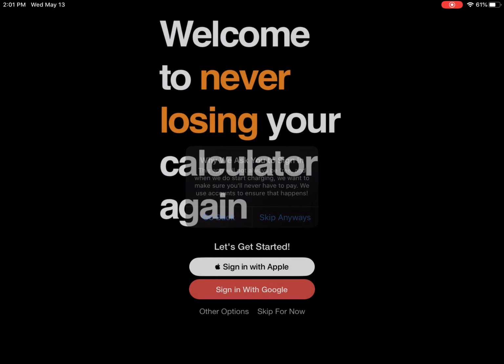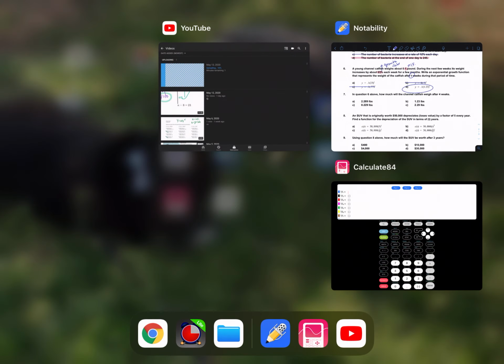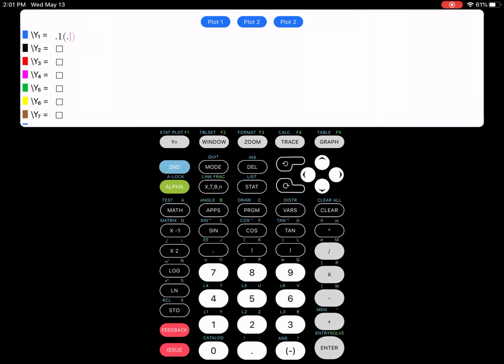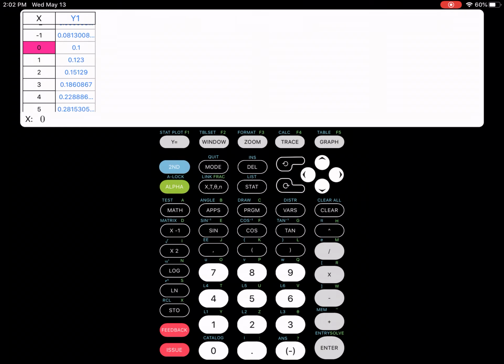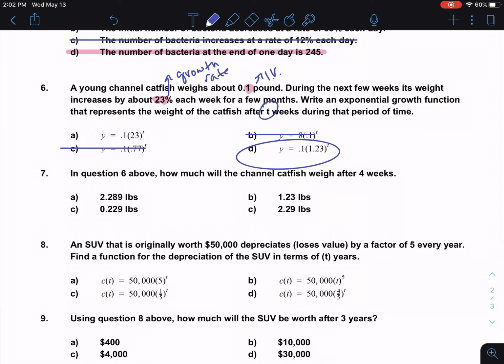Y equals, let me see that equation. 0.1 parentheses, 1.23, parentheses, to the x, and let's go to our table, and we're looking for 4. 4 says 0.2288, or 0.229. Just plug that into our table.